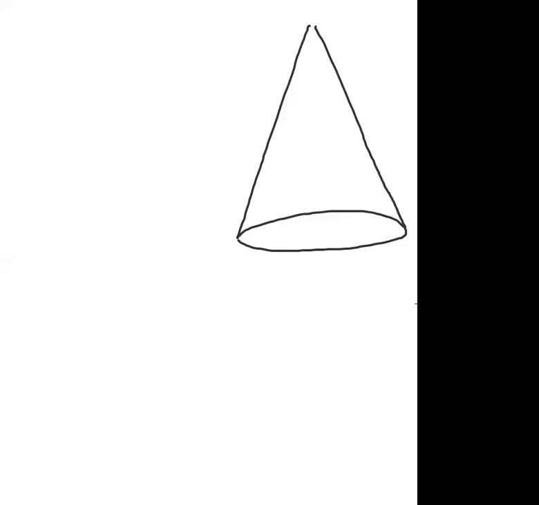So now, see, first of all, we have been given a cone. In this cone, we have to put a cylinder. This is the cylinder, in a different color.